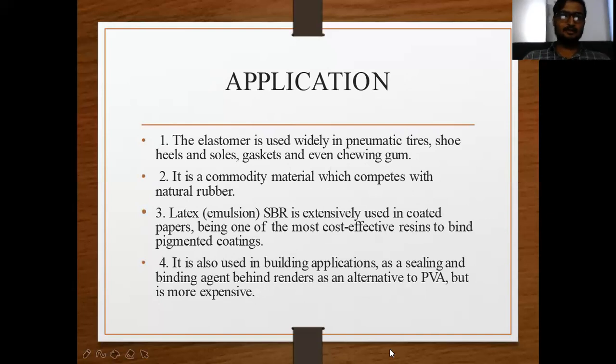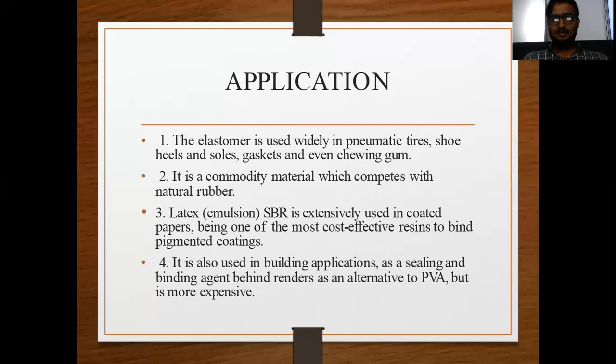Applications of Buna S. The elastomer is widely used in car tires, shoe heels, soles, gaskets, even chewing gum. It is a commodity material which competes with natural rubber.